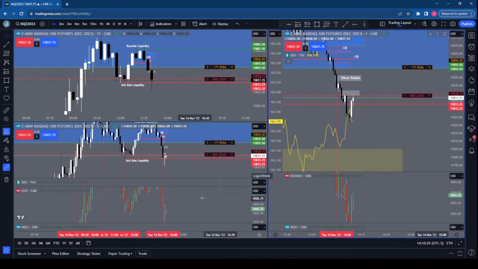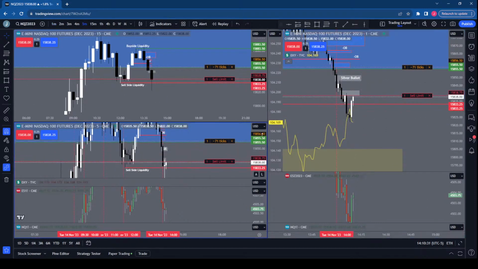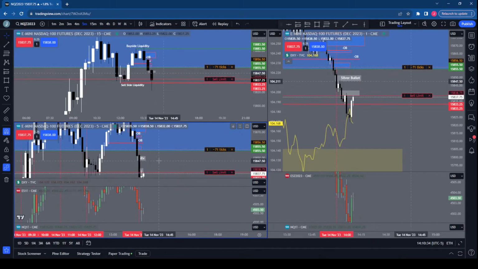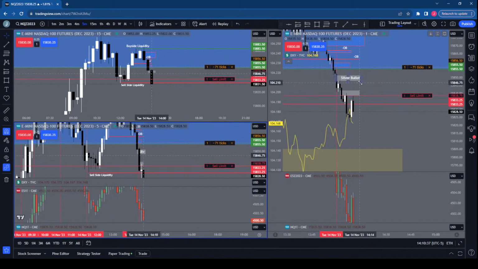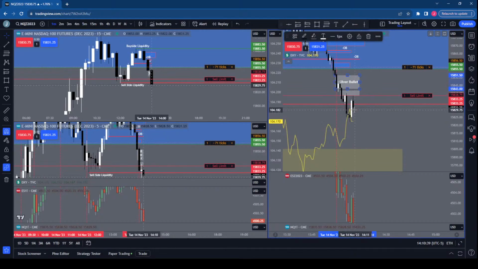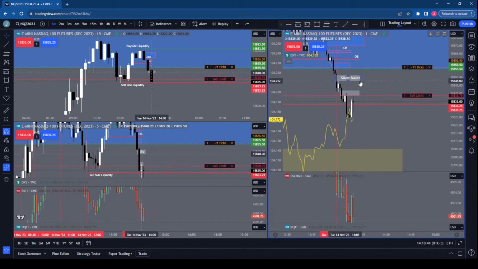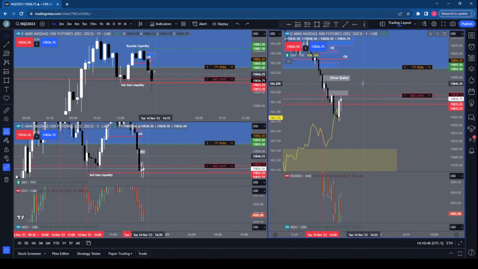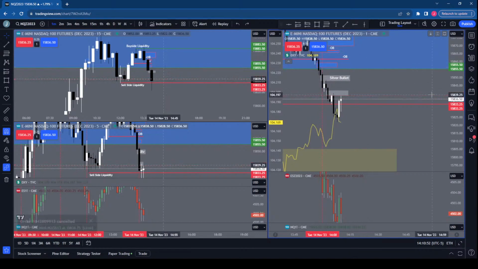I do think it could retrace a little more. We do have this 5-minute fair value gap, these two 5-minute fair value gaps. I think, oh, that's a bummer. I think it could get back up into this original silver bullet, to be honest. Let's see, I'm gonna take this off.